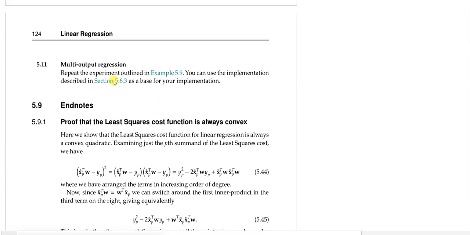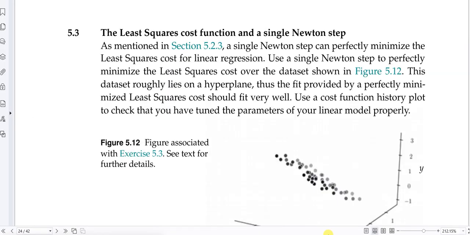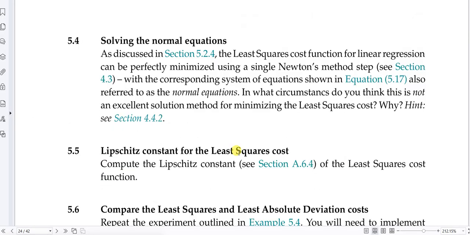So multi-output regression, example 5.9, you can see the implementation.